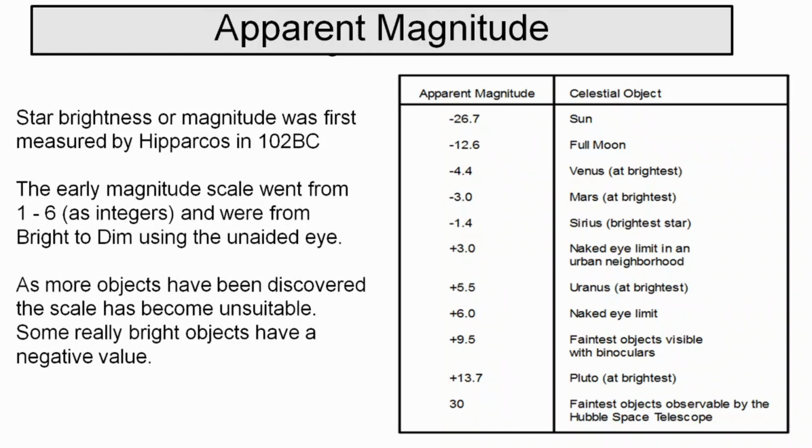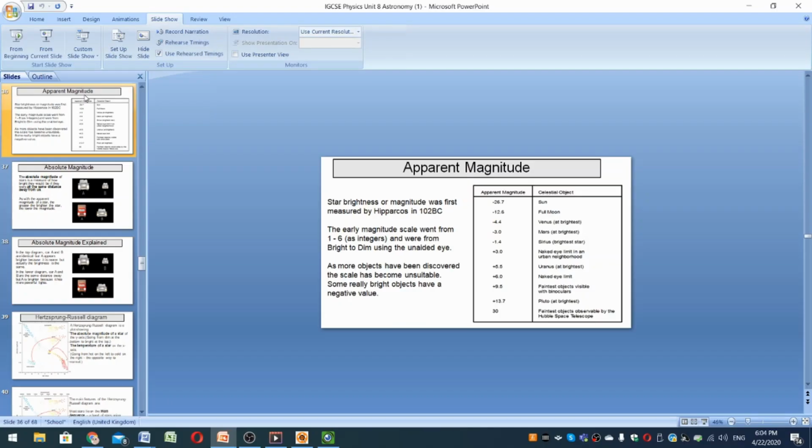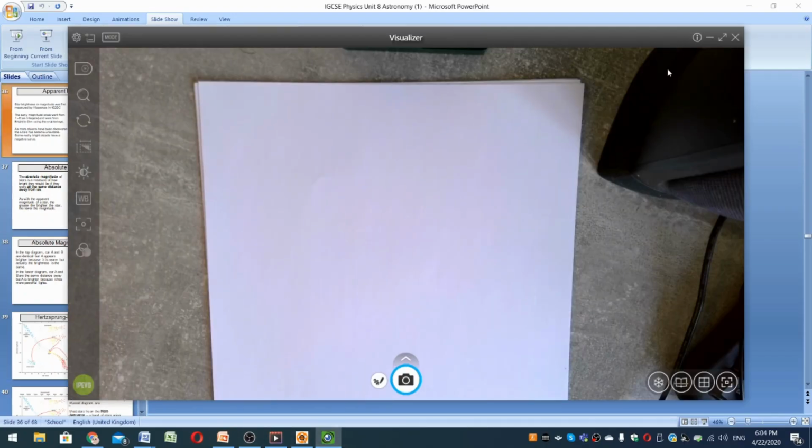Now, how do we classify stars by their brightness? Well, the first person to try and do this was a Greek astronomer called Hipparchus, and he tried to do this a long time ago, 102 BC, and he came up with a scale that was called the apparent magnitude scale. Now, I'm just going to use the visualizer for this bit.